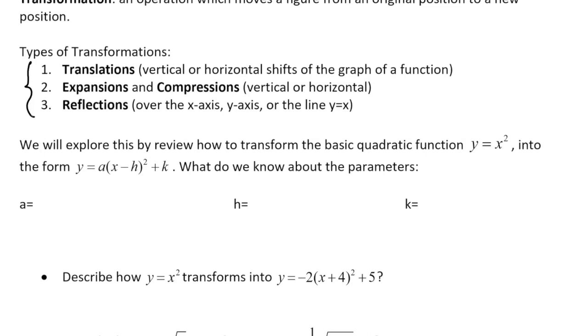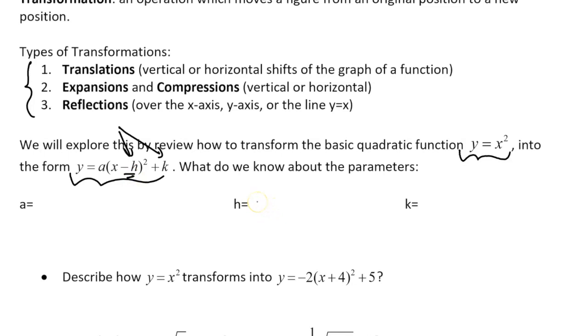So if you think back to what we've learned about with parabolas, when we took our basic quadratic function and we had it in the form of y equals a(x minus h) squared plus k, you'll remember a few of the things that we had. The point (h, k), that was represented by our vertex, and the point h in particular, this shifted everything left and right.